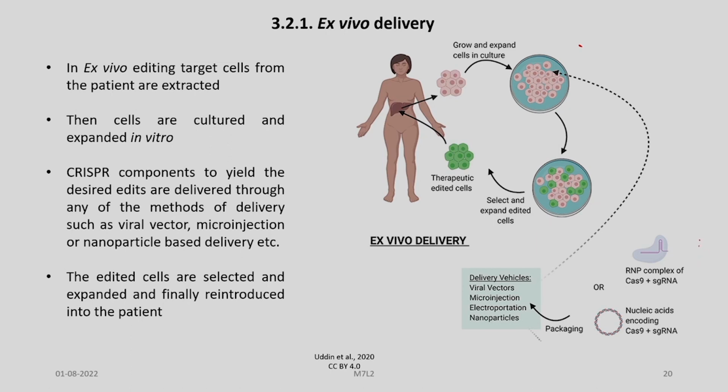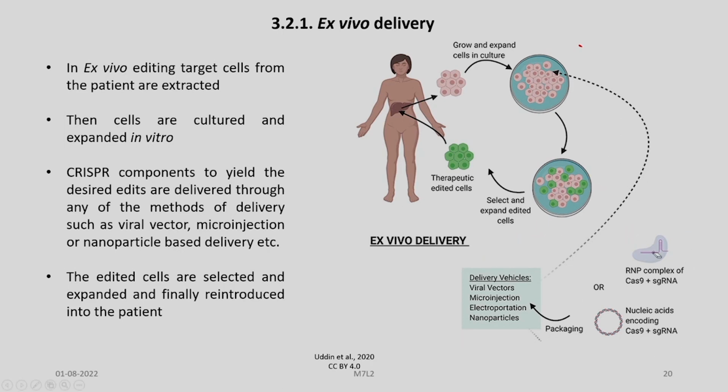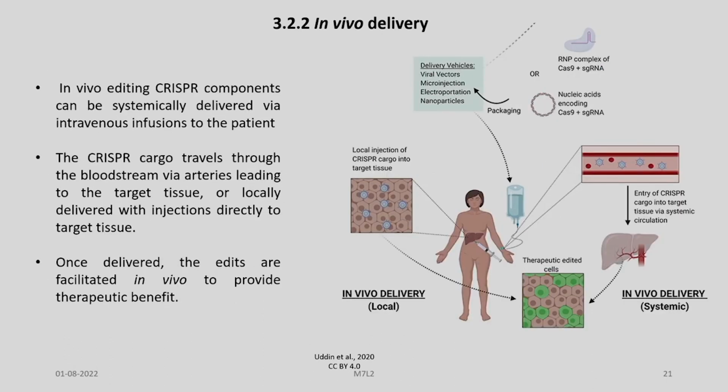So, these are the CRISPR Cas9 components along with the various delivery vehicles which help us in delivering the CRISPR Cas9 components into these cultured cells which are expanded, and the therapeutically edited cells are reimplanted into the patients. So, this is the process by which the ex vivo delivery of genome edited constructs is done.